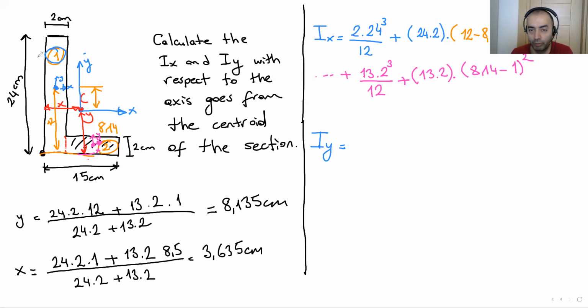Okay, careful here. So the local y-axis is here. The parallel edge is here. What? 24 times perpendicular one, 2, and its cube, 2 cube over 12. This is the basic rectangle's moment of inertia.